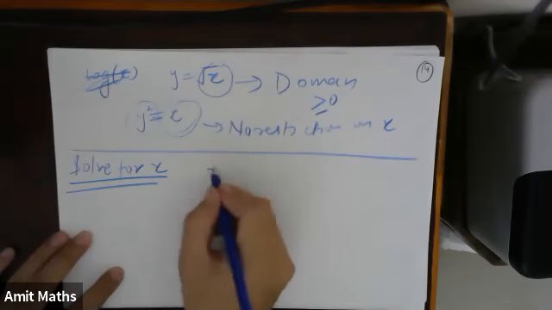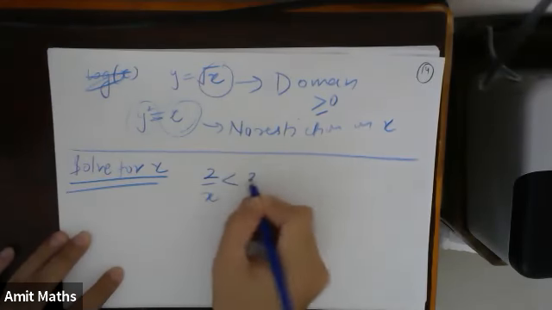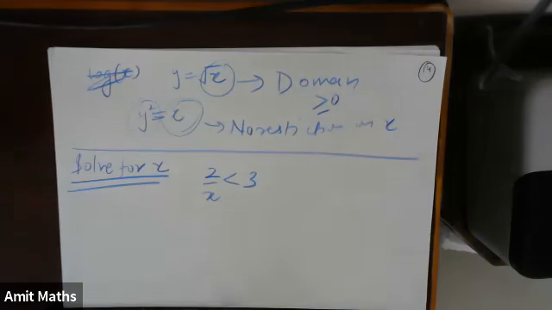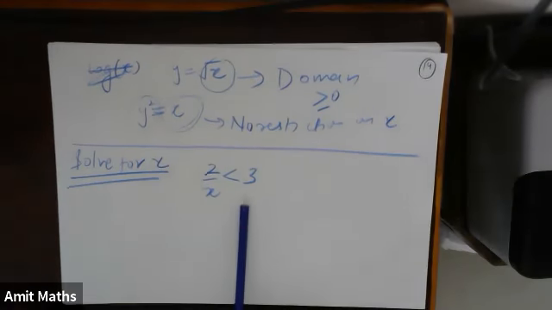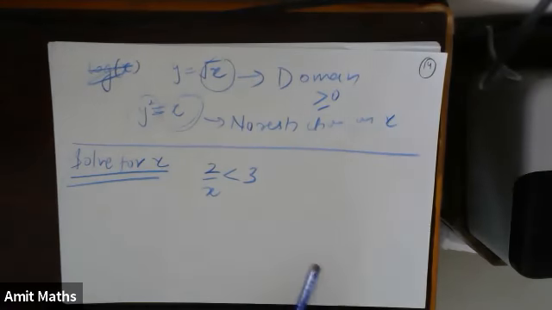Write the question: 2 by x should be less than 3. Find the solution for this. Solve for x, 2 by x is less than 3.